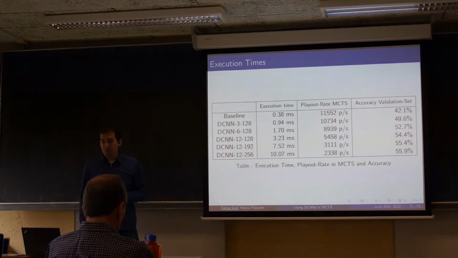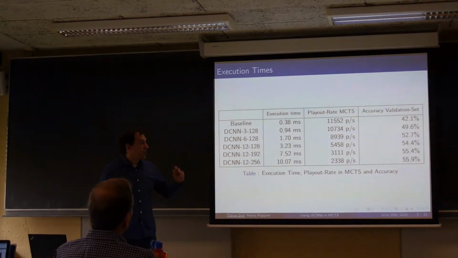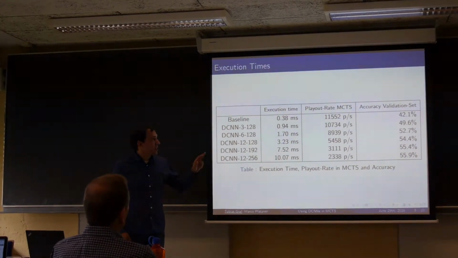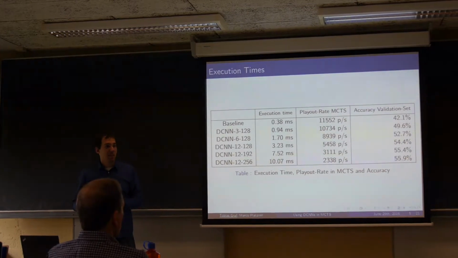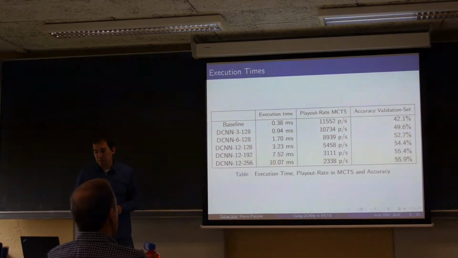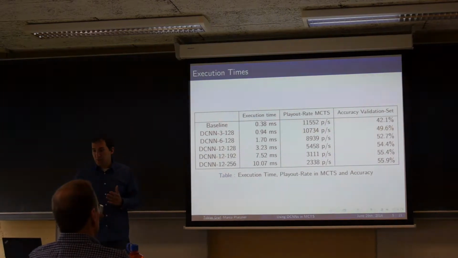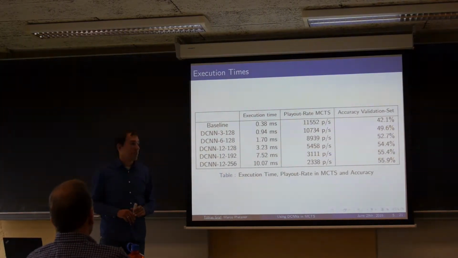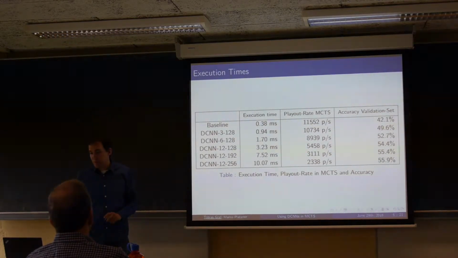Then we can run the usual Monte Carlo tree search at a speed of about 11,000 playouts per second. It has an accuracy on selecting the best expert move on some validation sets of 42%.